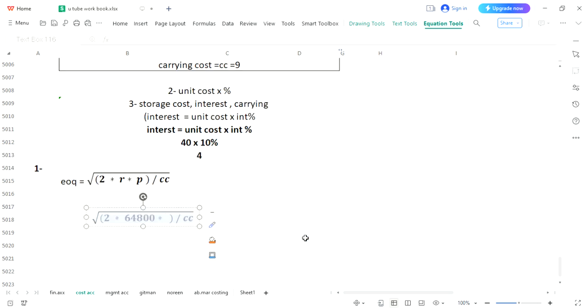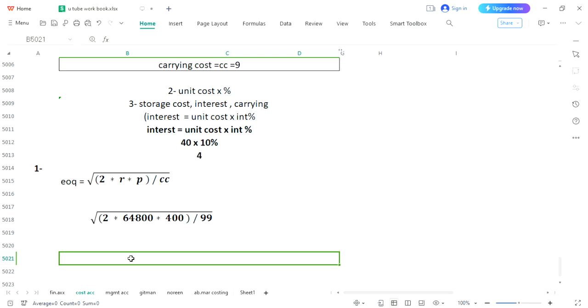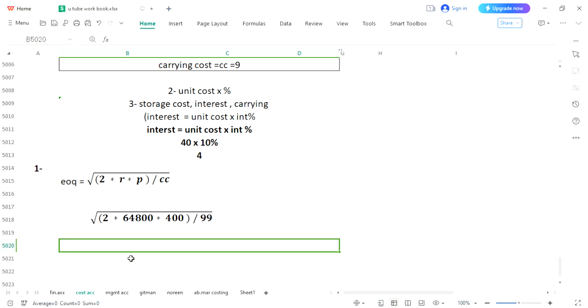Put 400 over here. Then carrying cost, look at here, carrying cost has already been calculated, which is 9. So you can put 9 over here.